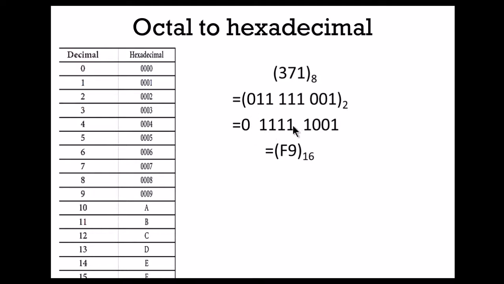So 1111 means 8421, 8 plus 4 plus 2 plus 1, which means 15. So the equivalent of 15 is F, so we write F, and according to 8421 the equivalent of 1001 will be 9. So we write 9. So it is the equivalent conversion from octal to hexadecimal.